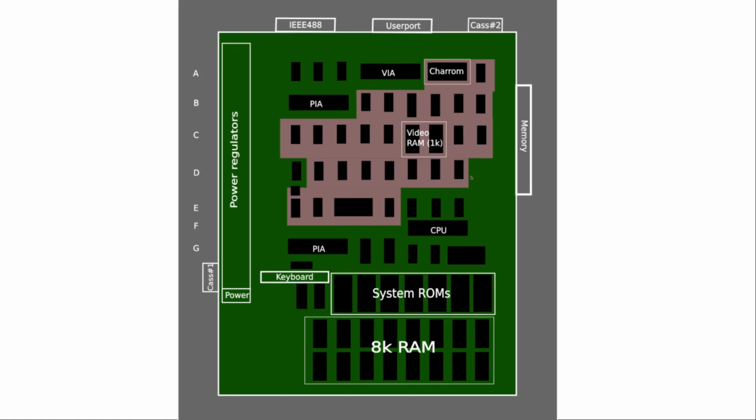And what I've marked here in red is basically what is needed for the video output. So you can see that this is really a considerable amount of board space that is used for the video output. This is all what goes into the CRTC in the later revisions.